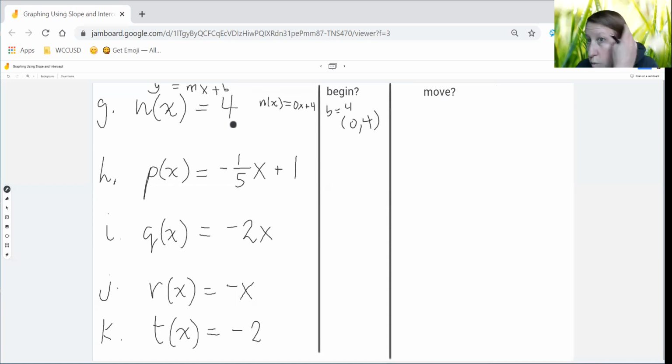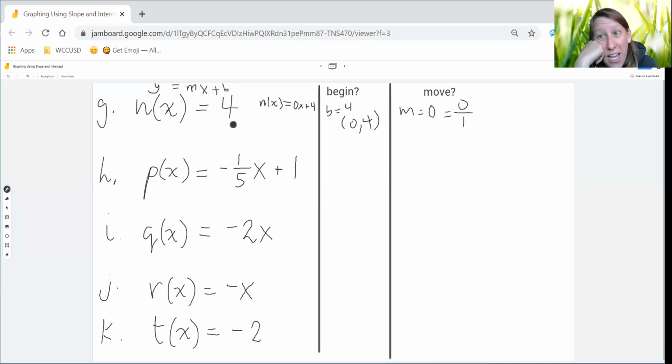If x is 0, y is going to be 4. All right, I'm sorry I gave it away a little bit. What is the m? What's the slope of this line? The slope is 0. How do we write 0 as a fraction? That's kind of fun to think. It's not 0 over 0. It's 0 over 1.